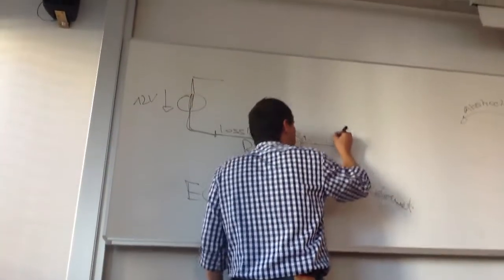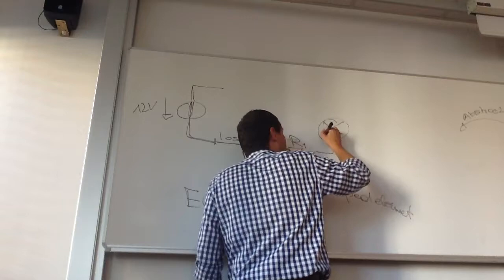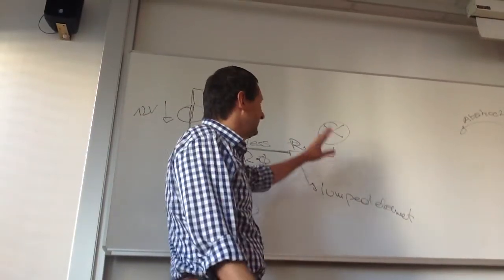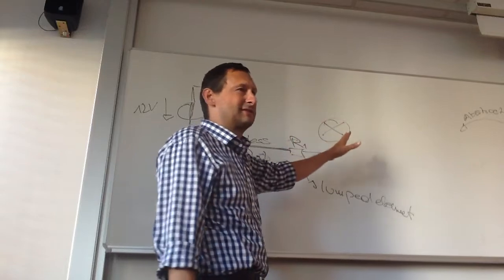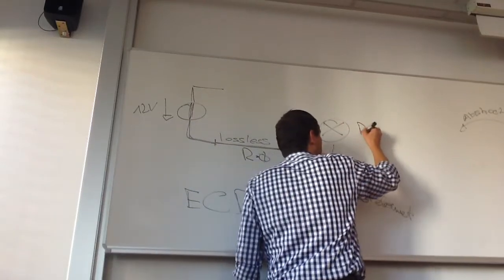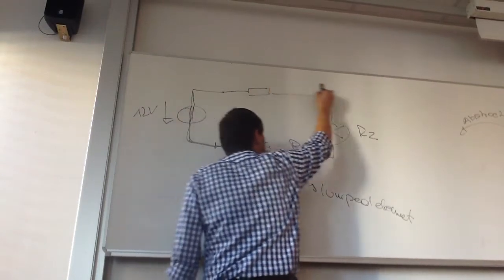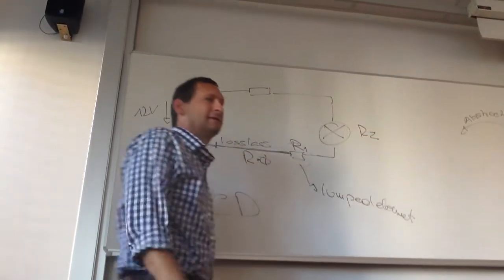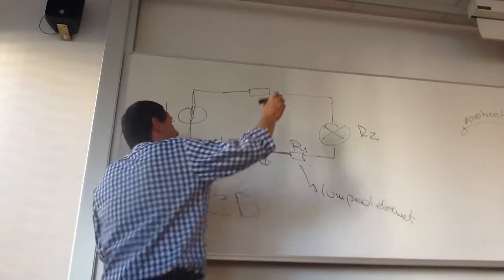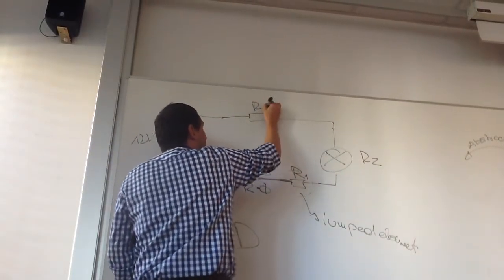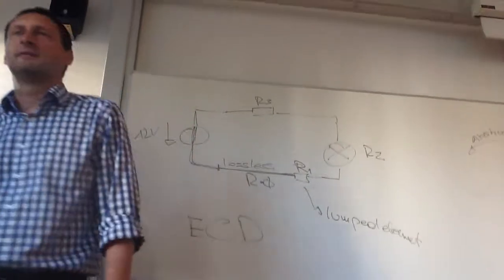The next thing we have here is our bulb. The bulb is nothing different than just another resistance. It's R2. And then we have the upper line. It's also just a lumped element, R3.